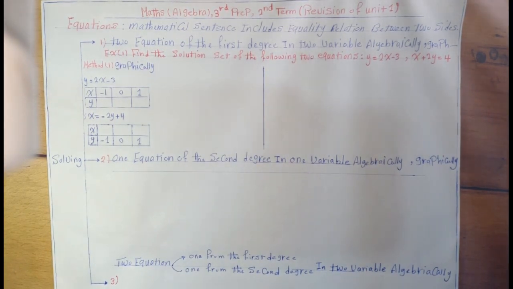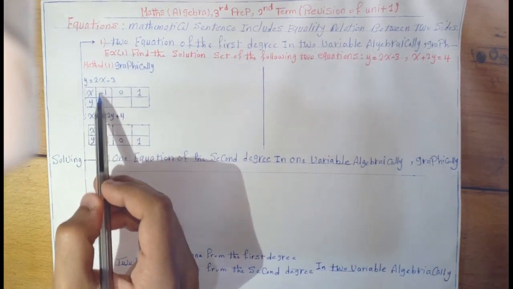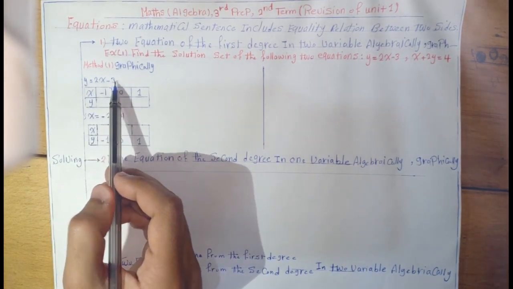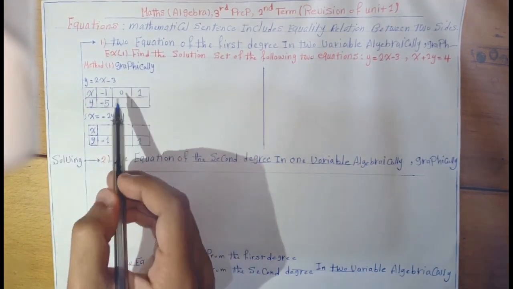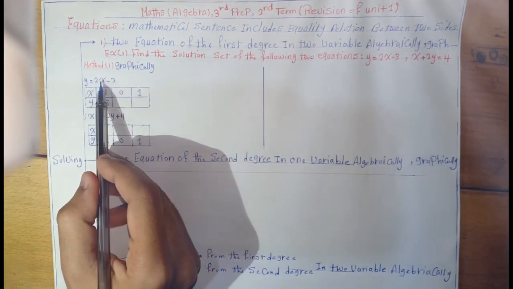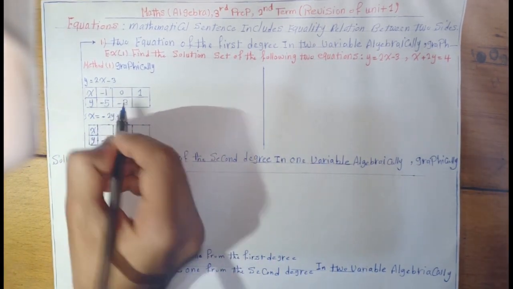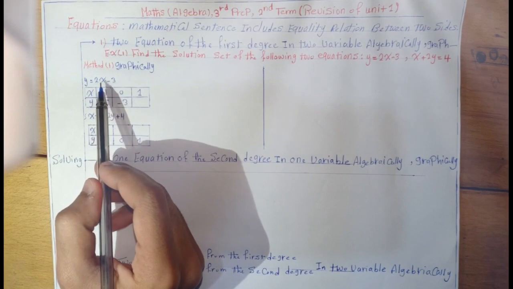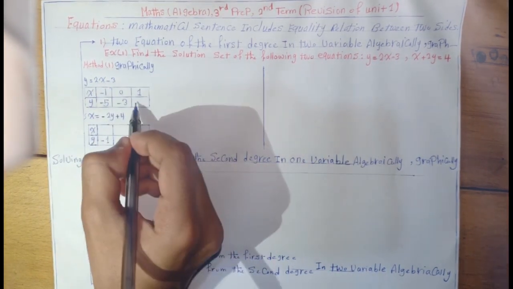Okay, let's substitute. 2 times -1 equals -2. -2 minus 3 equals -5. 2 times 0 equals 0. 0 minus 3 equals -3. And 2 times 1 equals 2. 2 minus 3 equals -1.